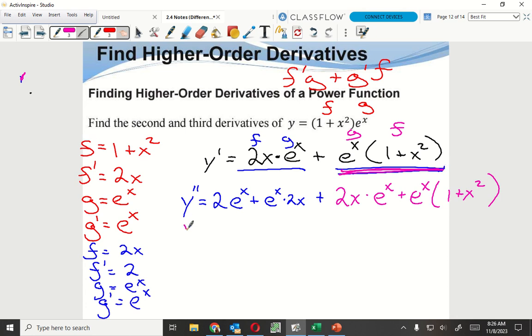So I'm going to have y double prime is equal to, let me see, so if I rearrange this, I have this one and this one right here, right? Yes. So that would give me 4x e to the x. So that combines those.